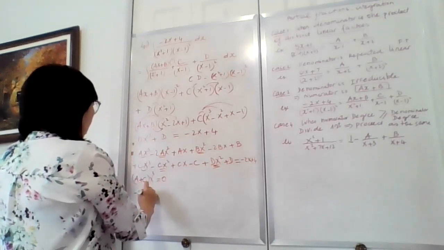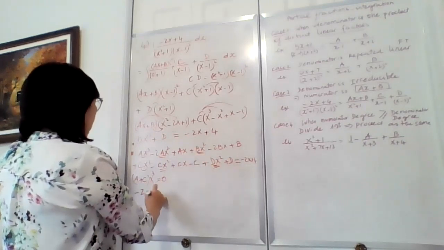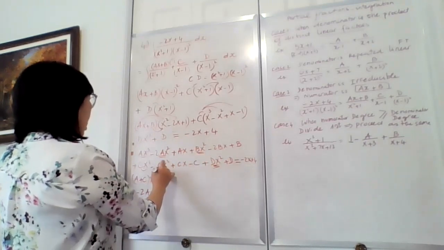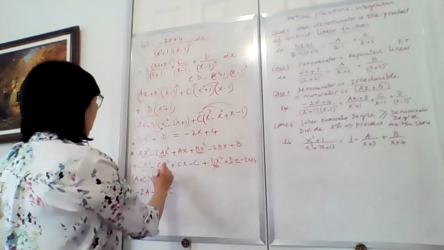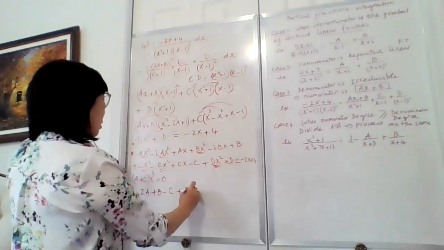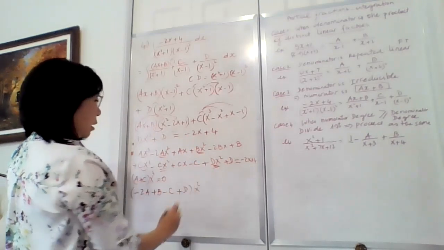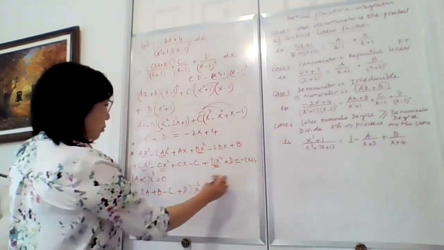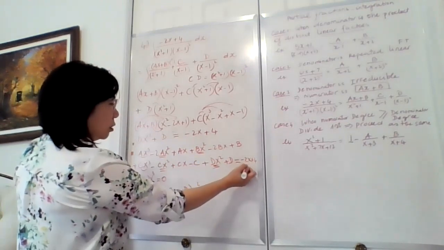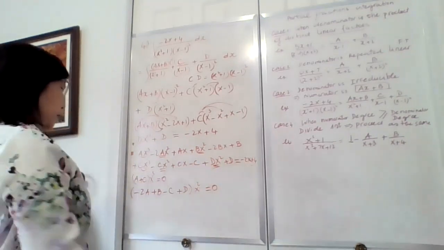We have minus 2a adding with b minus c and plus d. All of this we time with x squared. And again, we don't have an x squared in the numerator, so this will be equal to 0.